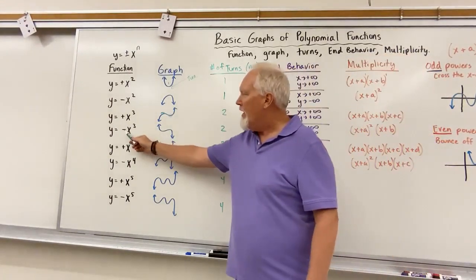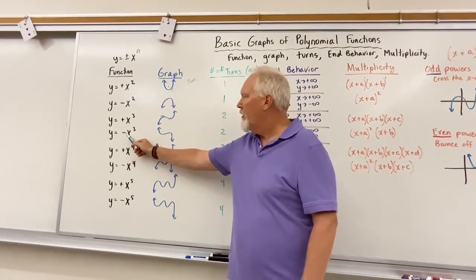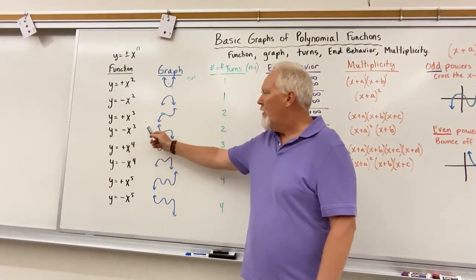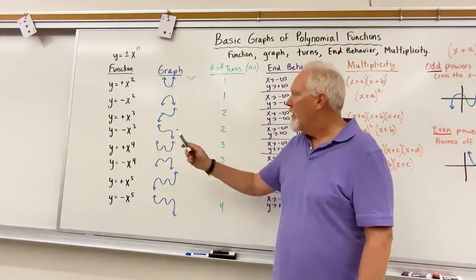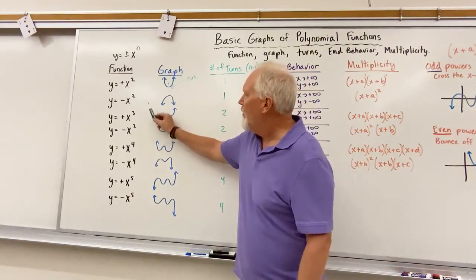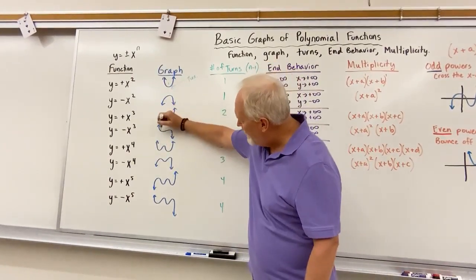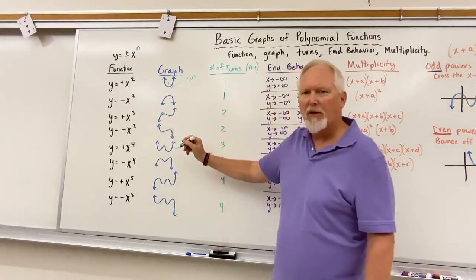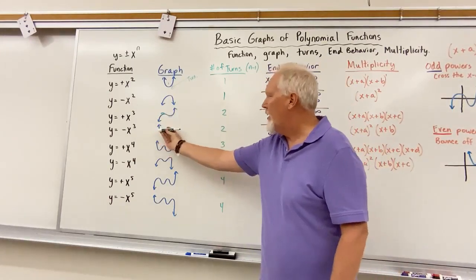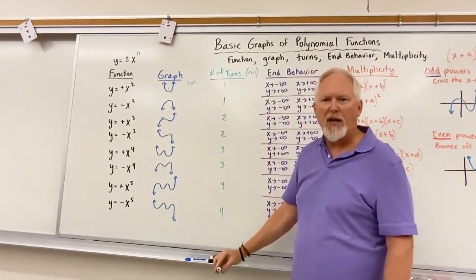If we make it a negative outside, if the leading coefficient is a negative value, then that just flips the graph. Now as we go out to negative infinity, the y values increase, and we still have two turns, 1, 2, okay? And then as the x's come to positive infinity, the y values go to negative infinity.